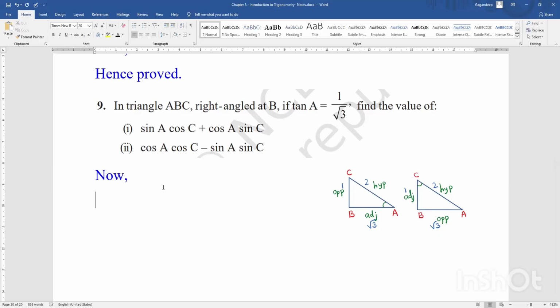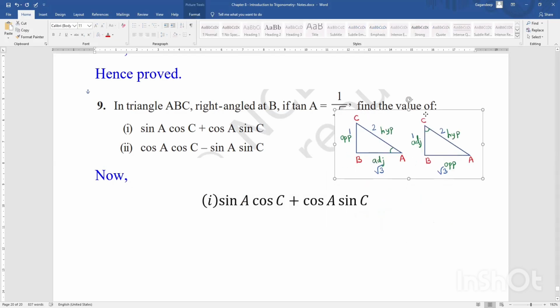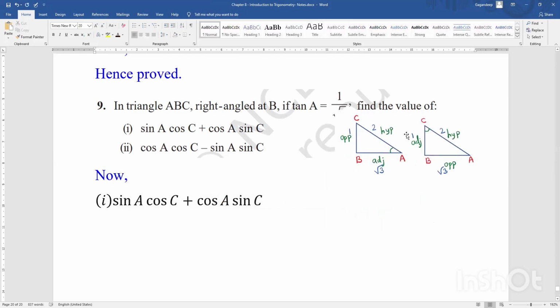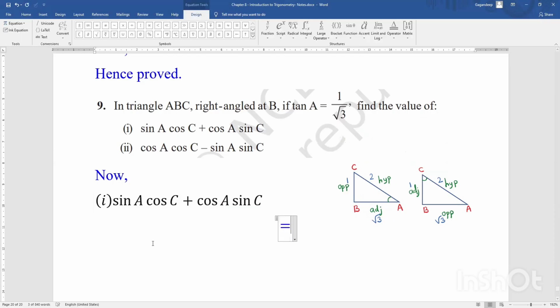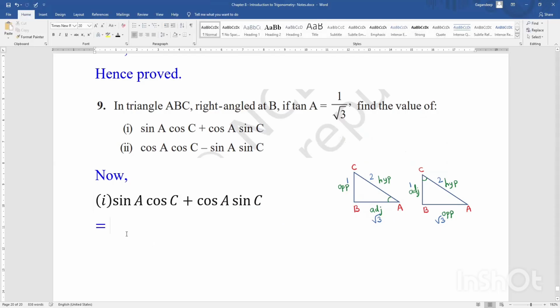Now I am going to take the problem, sin A cos C plus cos A sin C. So this will be equal to, now here, what is sin A?